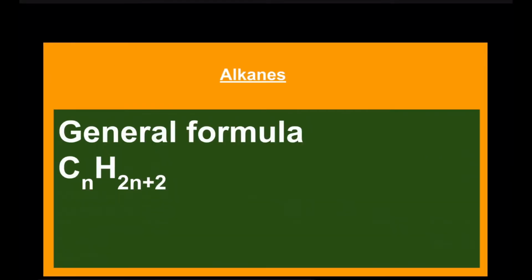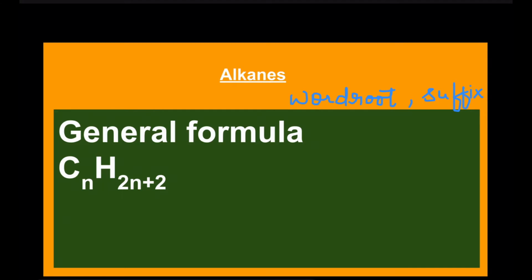The naming of the alkanes is in this way. The word root is written, and after that there is a suffix. A suffix is the word written after the word root to indicate a particular type of compound.